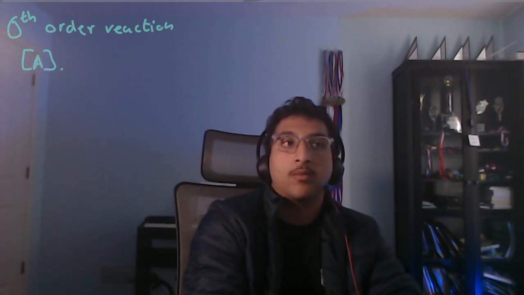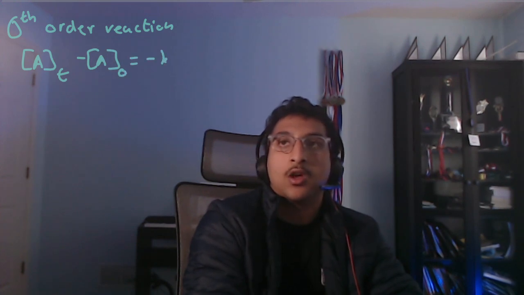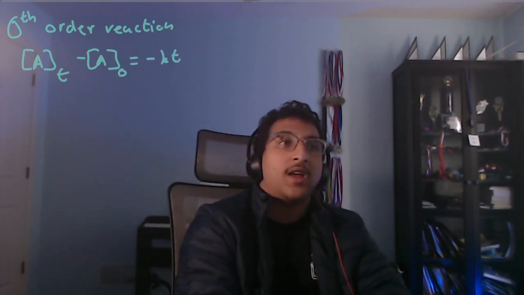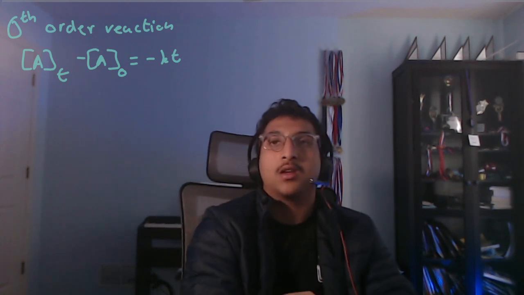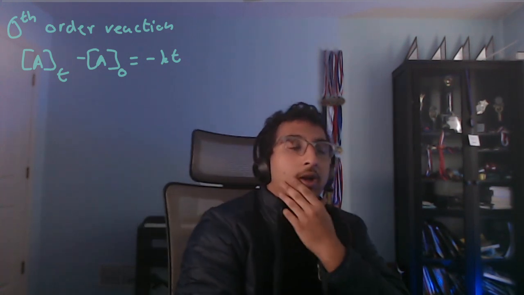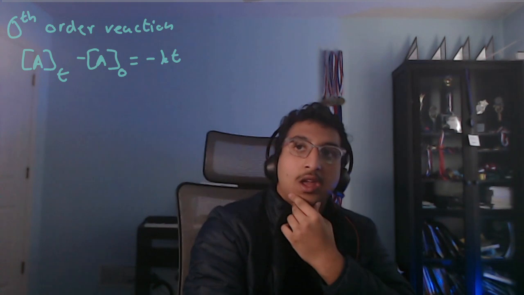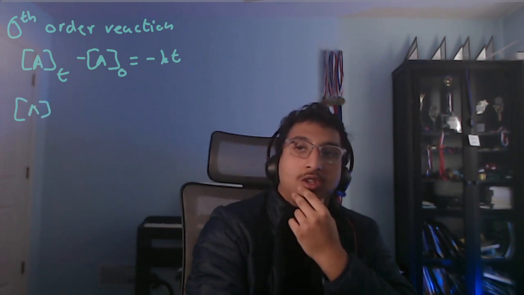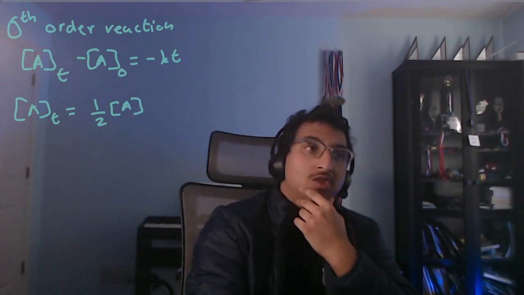So let's say we want to find the half-life of a zeroth order reaction. Well, then you'll have this formula from your AP formula sheet that you can use. If you want to find the half-life, you want to find how long it takes for A of t, the concentration at time t, to be half as much as the initial concentration.